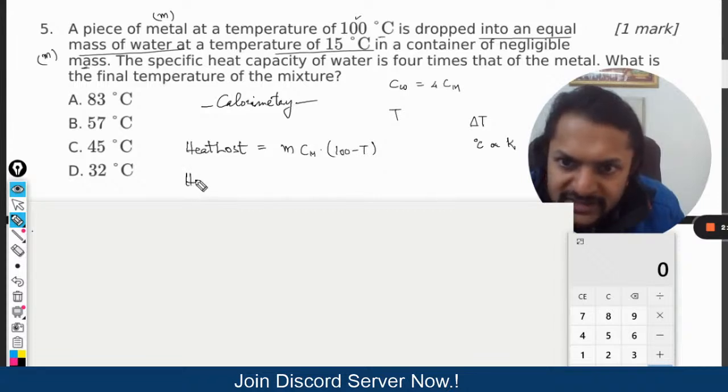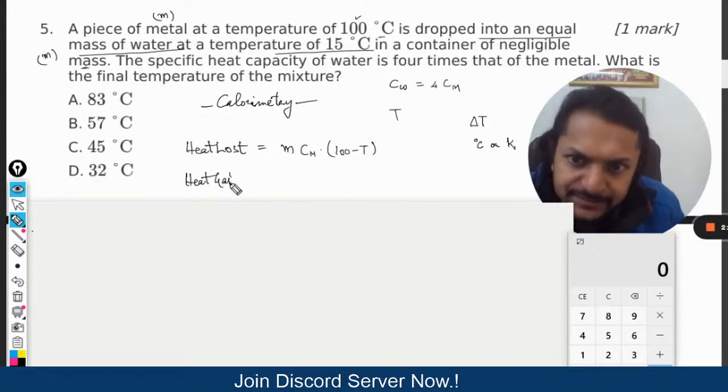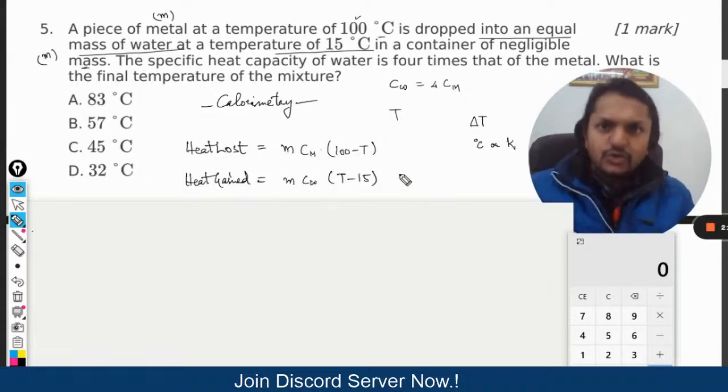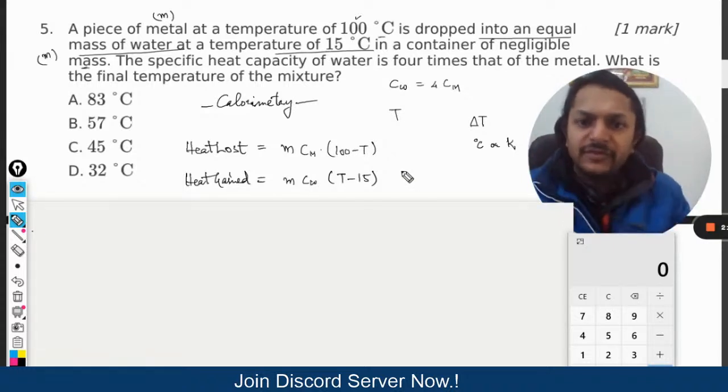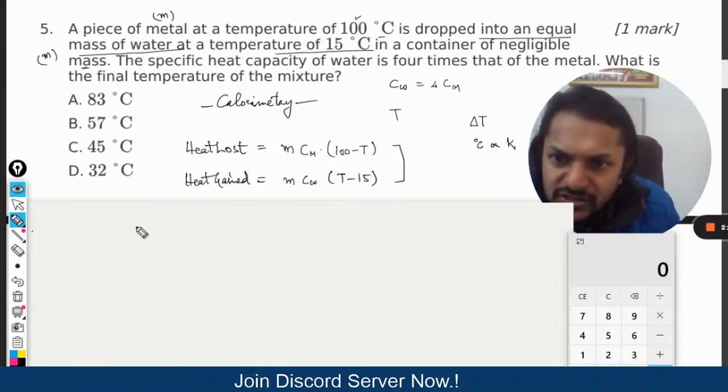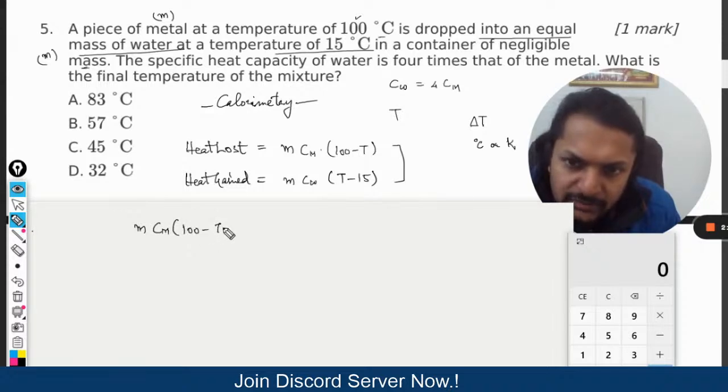Now, what is the heat gained? So heat gained will be M into Cw into delta T, and T should be more than 15. So just to keep it positive, we are writing T minus 15. Now these two things must be equal to each other. So M into Cm into (100 minus T) will be equal to M into Cw into (T minus 15).